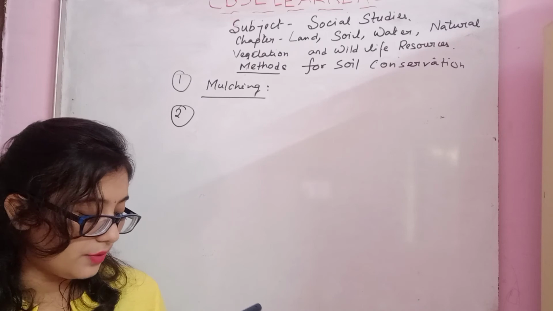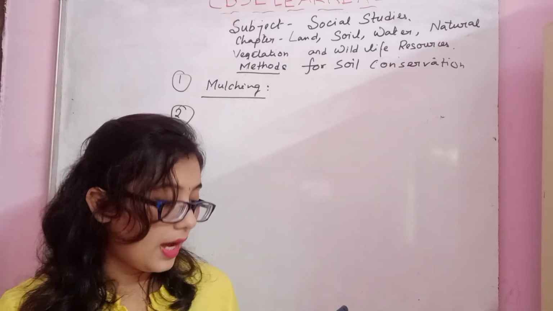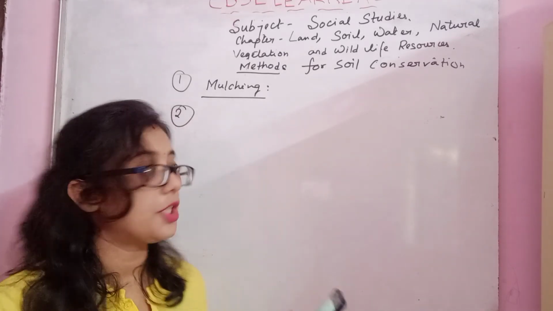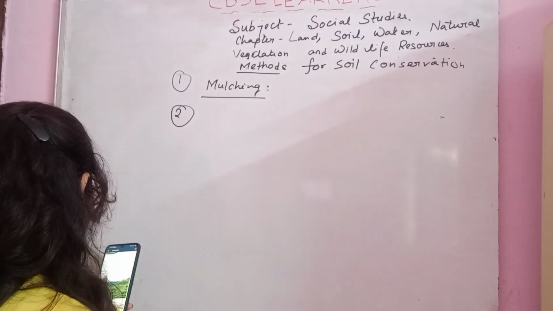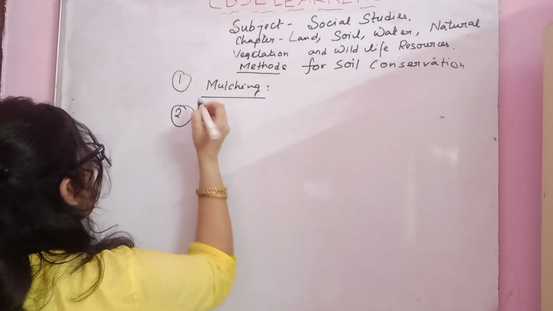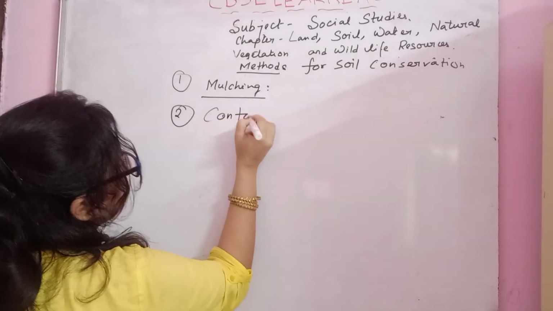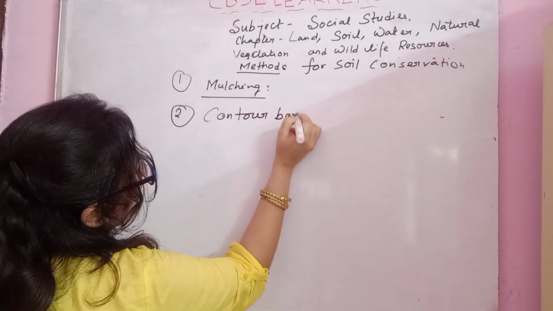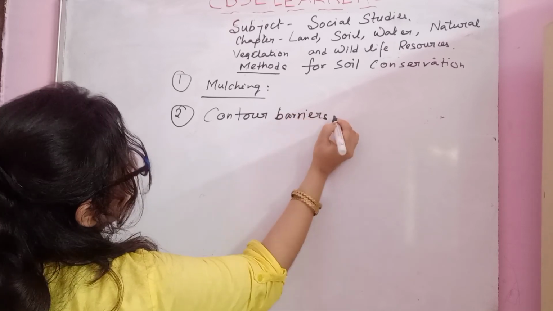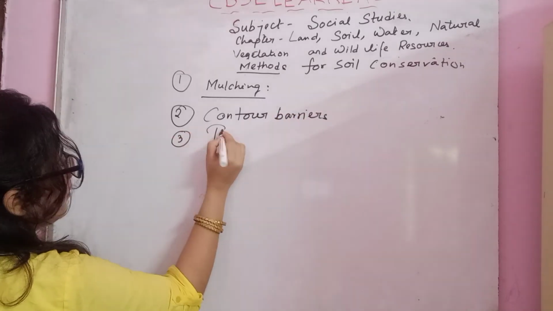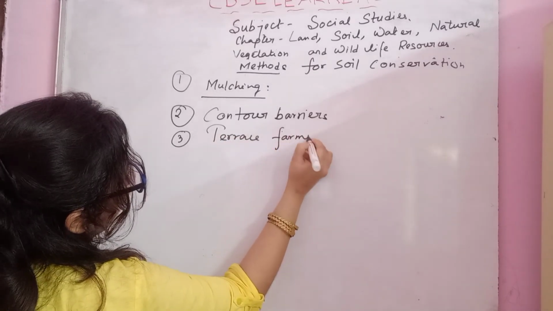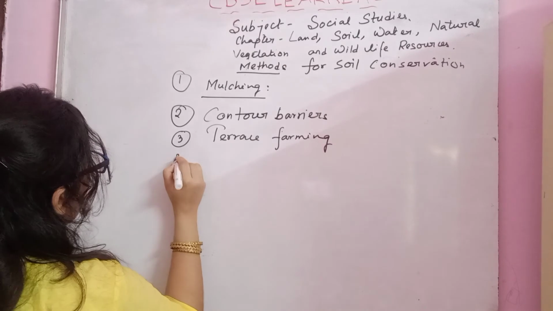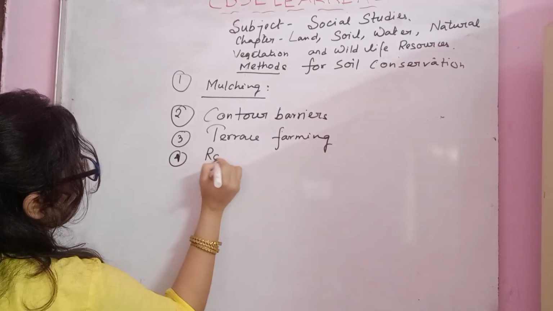You can do this activity. You can conserve like that. Mulching is the first thing. Second is contour barriers. Next is terrace farming. Number four, rock dam.